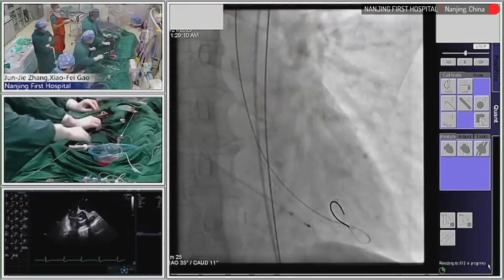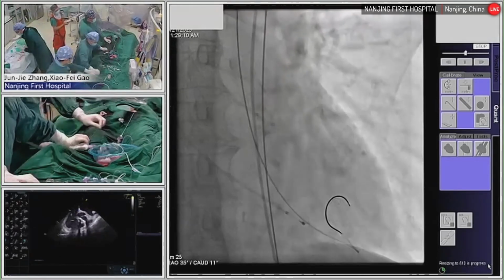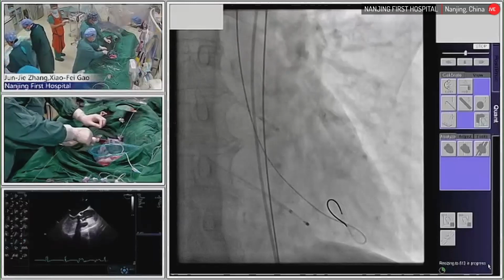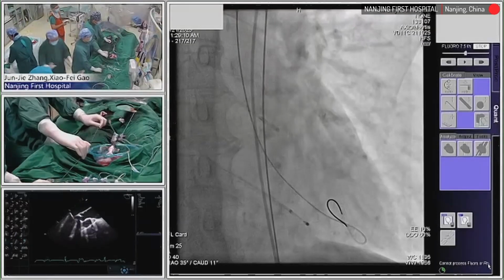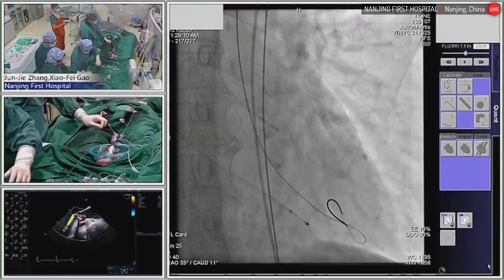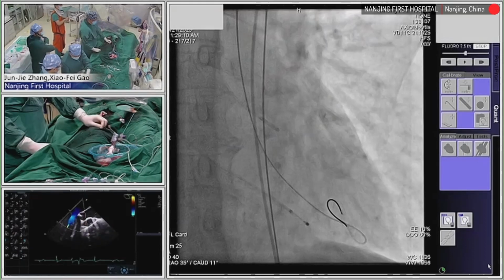And also the wire tip is not so good. I will use a pigtail catheter to exchange the wire and make the wire tip at the right position, to avoid injuring the apex. Okay. So now the hemodynamic is going up to 80 millimeters of mercury.